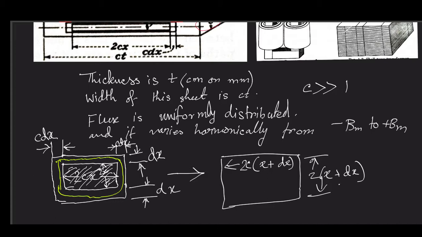Because this is also made up of conducting material, and whatever type of engineered iron you take for the core, it is after all a conductor. So this conductor is subjected to flux variation, and when there is a flux variation there will be an EMF in this conductor. Then this EMF will cause a flow of current.